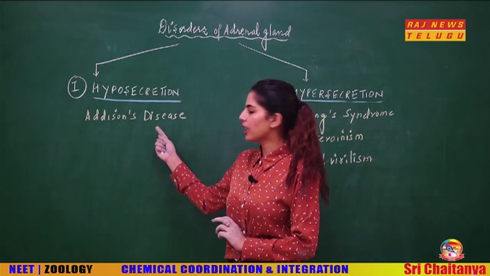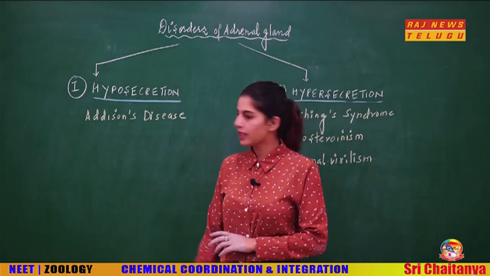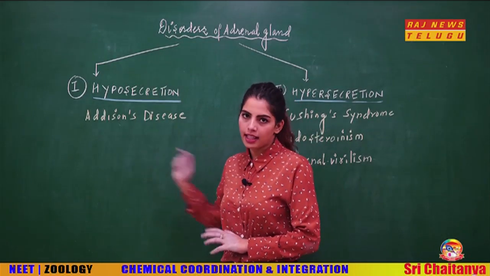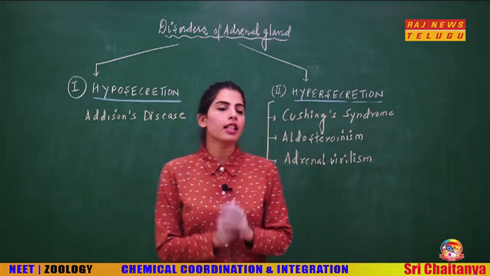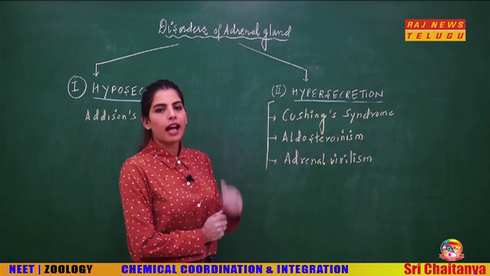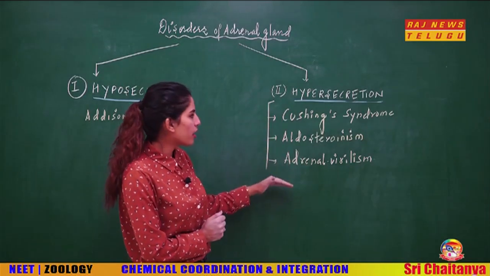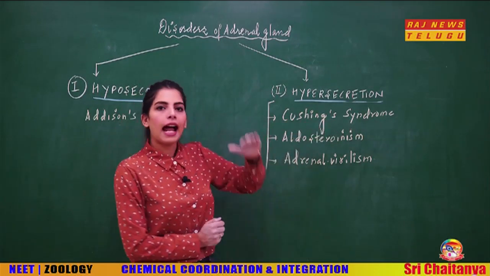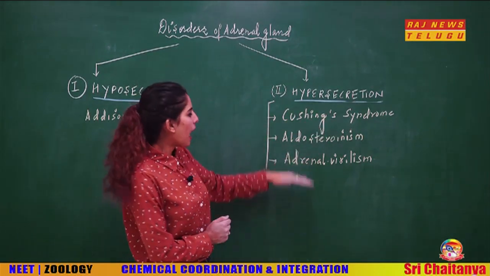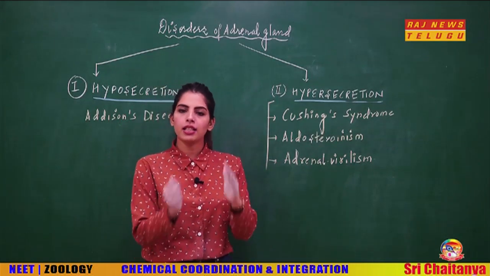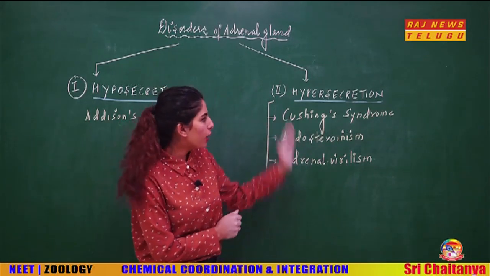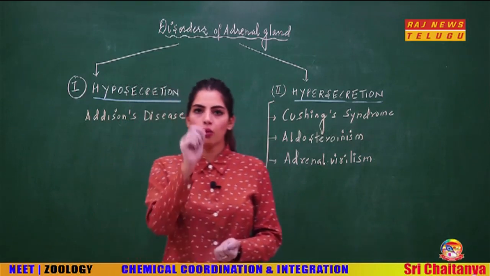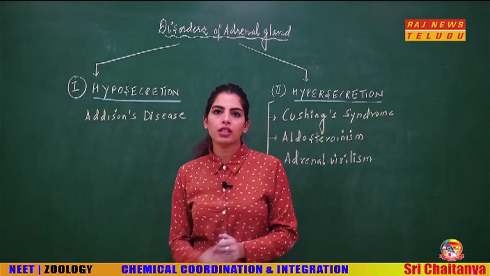Under hyposecretion, I've mentioned just one disease, that is Addison's disease. And under the category of hypersecretion, I've mentioned three disorders. One is Cushing's syndrome, the other one is aldosteronism, and the third one is adrenal virilism. So three conditions under hypersecretion and just one condition in hyposecretion.